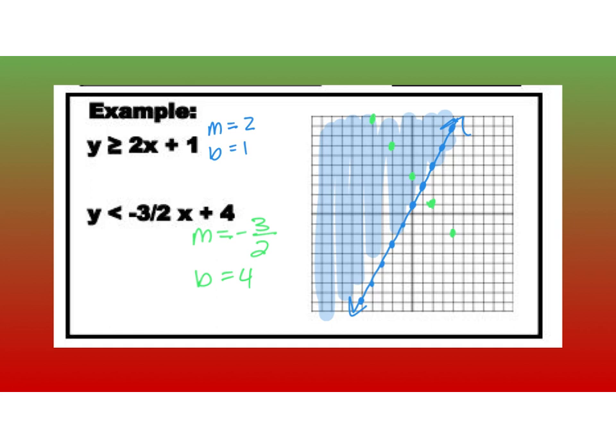Okay, sorry, I thought I went too far on that one. And there we go. This time it is a dashed line, so I'm just going to throw some dashes in between those dots, and our arrows continue this way. This time y is less than, so I'm going to be shading below. So here is my shading, and you can see where the graph is double shaded.